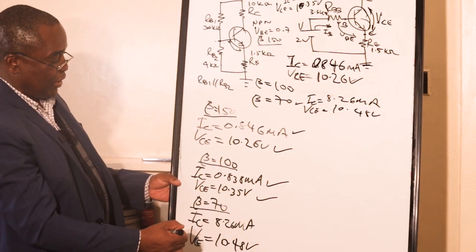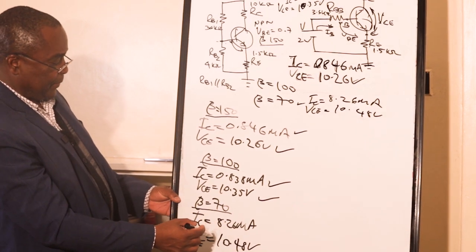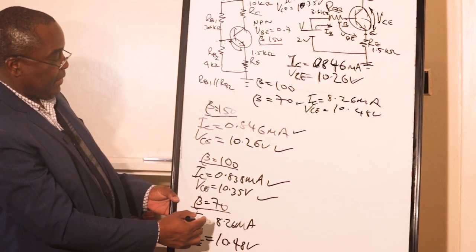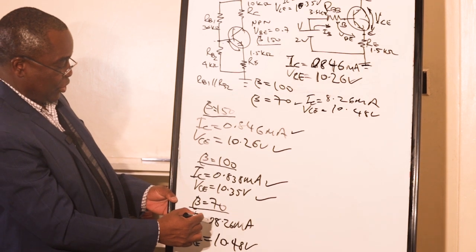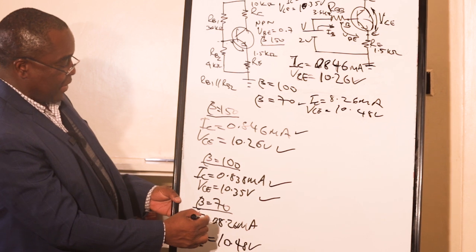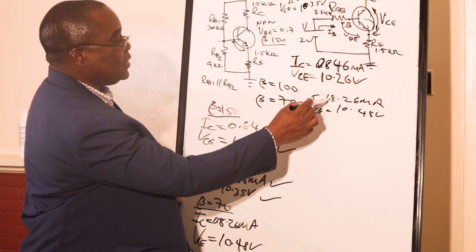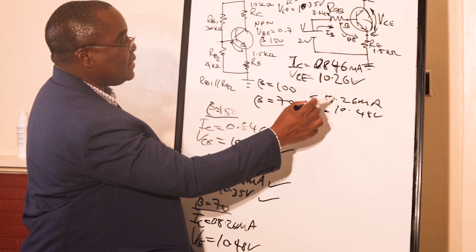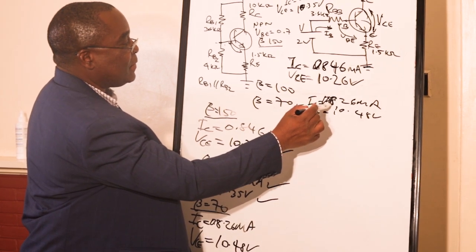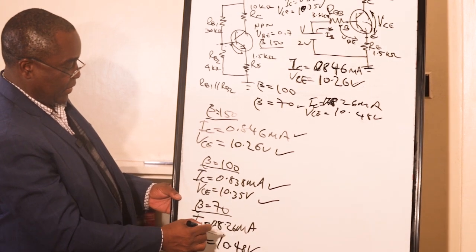Very small change. Also, beta at 70, we have 0.826 here. This should be 0.826.